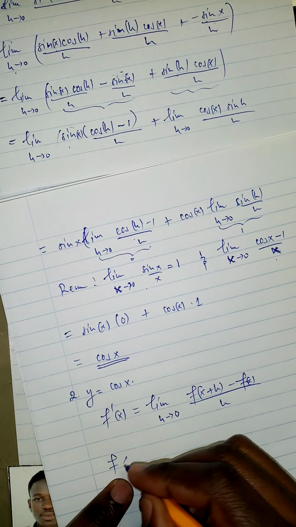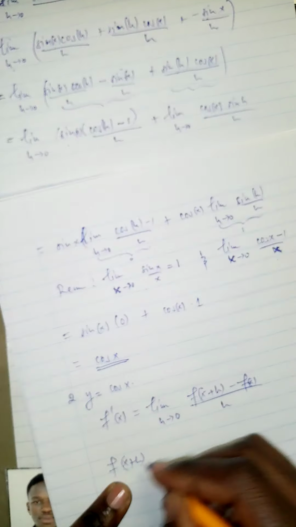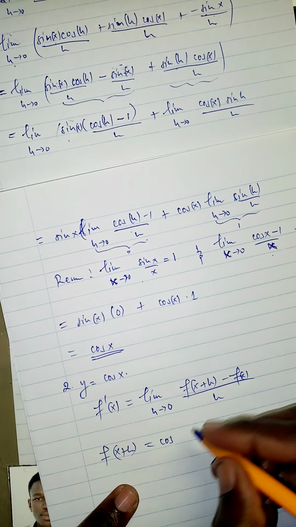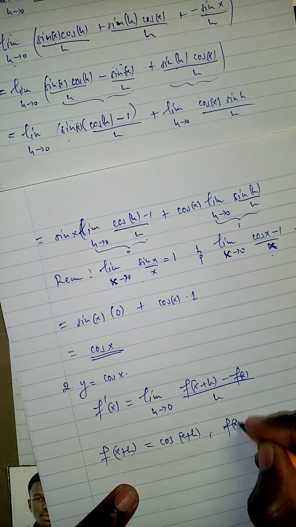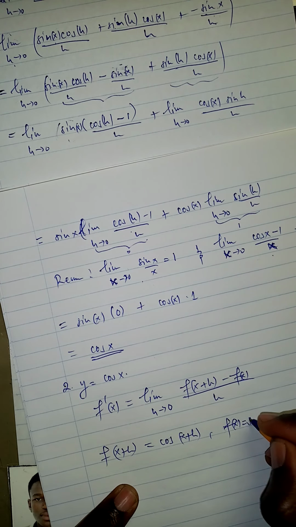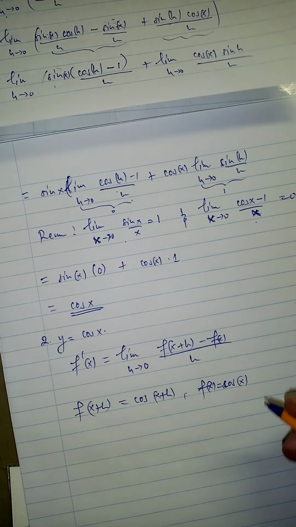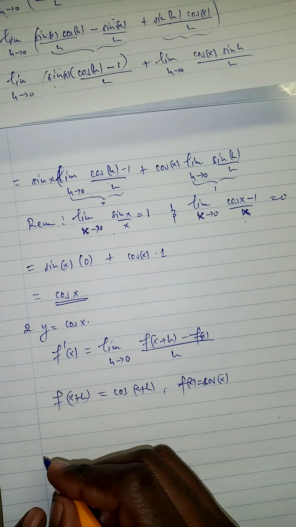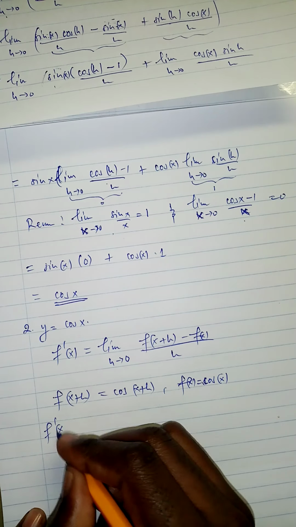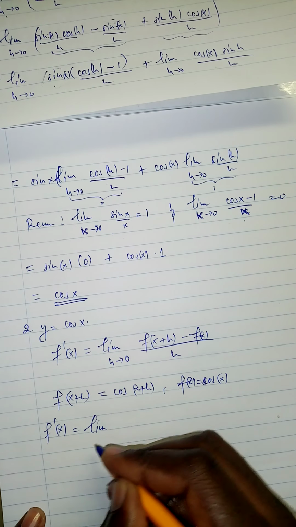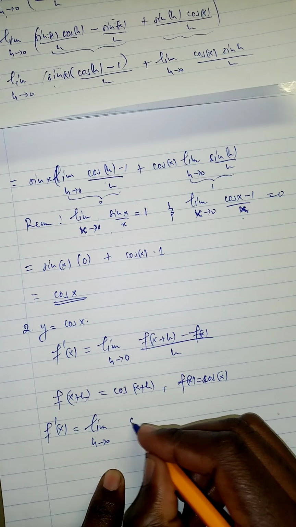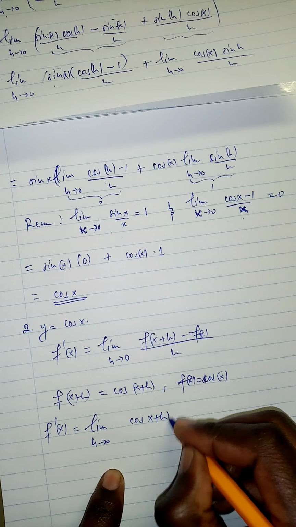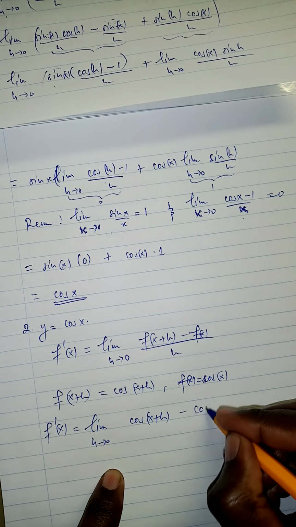So here we need f of x plus h, which is going to be cos of x plus h, and f of x is going to be cos x. So we plug them in. That is lim as h goes to 0 of cos of x plus h minus cos x.